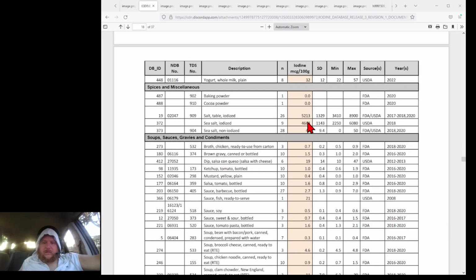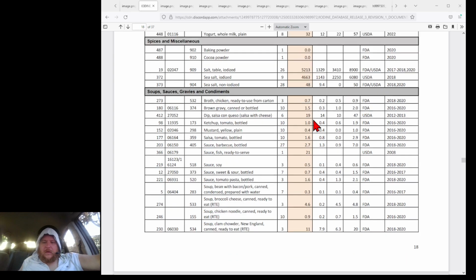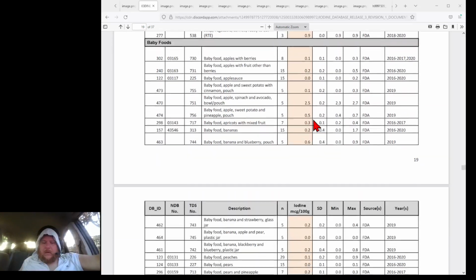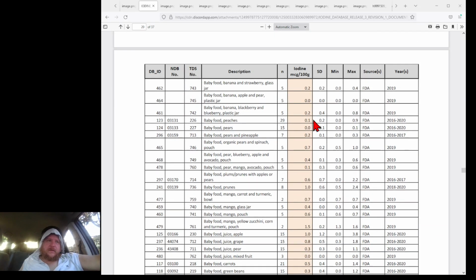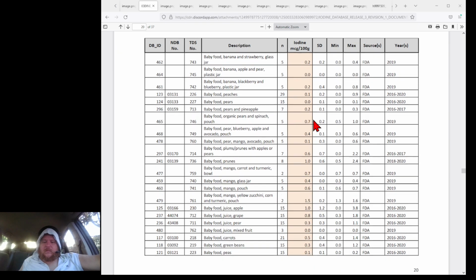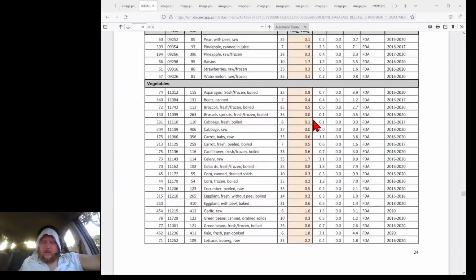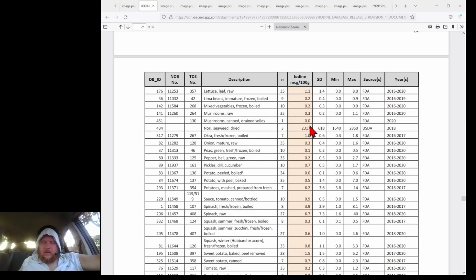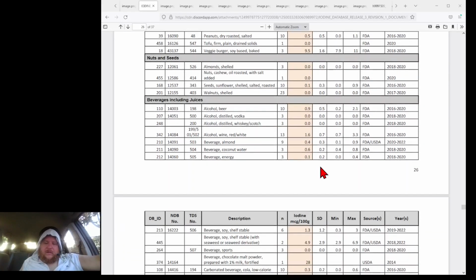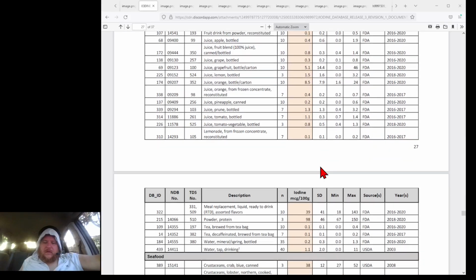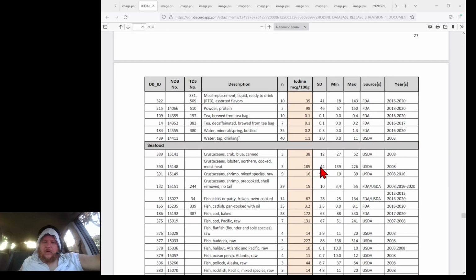Like table salt, because they've added iodine to it, of course. So you might as well just have salt and then iodine separate. I think that's better. And then the other ones, where are they? Is that it? Yeah, there you go, seaweed. And it's in sparse amounts, here and there.